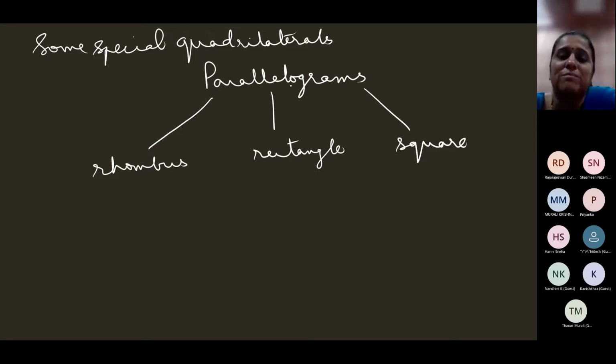So the property of a parallelogram: both the pairs of opposite sides are parallel. Opposite sides are equal. Diagonals are not equal. Okay. So we'll basically be comparing a parallelogram with a rectangle and a rhombus with a square. So let me write parallelogram.